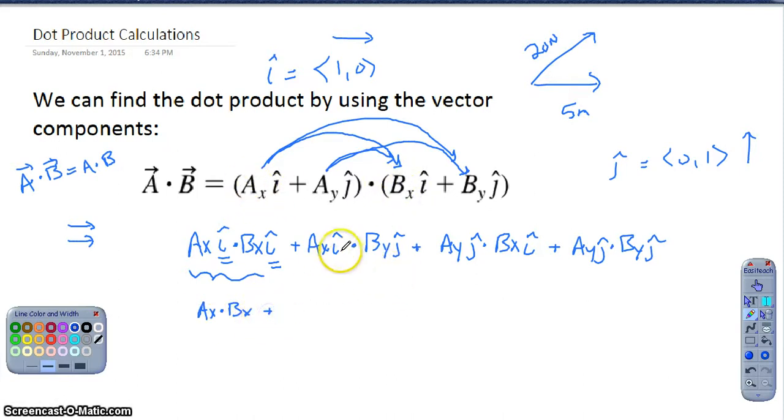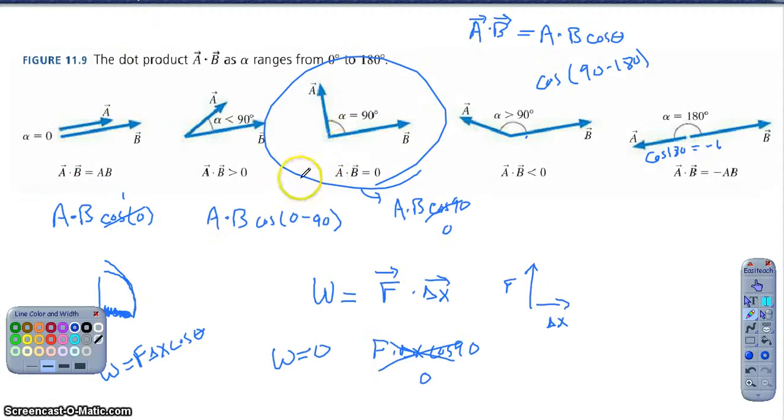On the other hand, if I have an I times a J, aren't those perpendicular? The I is going off in the horizontal direction, the J is going off in the vertical direction. And what do we know about the dot product of two perpendicular vectors? Going back to the last slide, if the vectors are perpendicular, the dot product needs to be 0, because the angle between them would be 90 degrees, and cosine of 90 is 0.